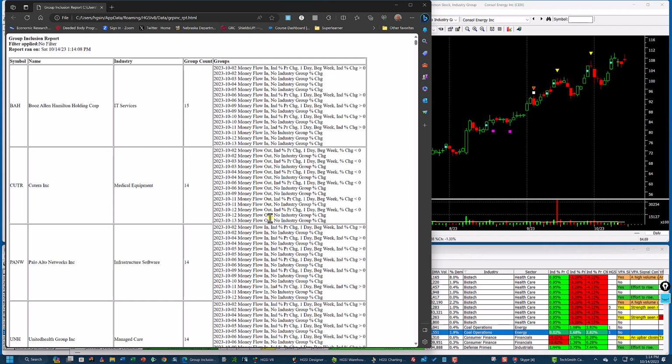Here's a stock money flow out. I'm just doing it by number of occurrences, and you can see in October that Booz Allen, BAH, back on the 2nd, the money flow was coming in. It continued the 3rd, the 4th, the 5th, the 6th, the 9th, the 10th, the 11th, and the 12th.